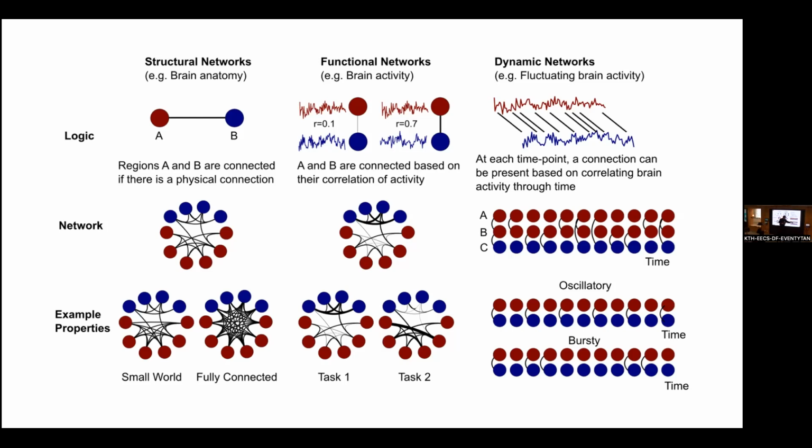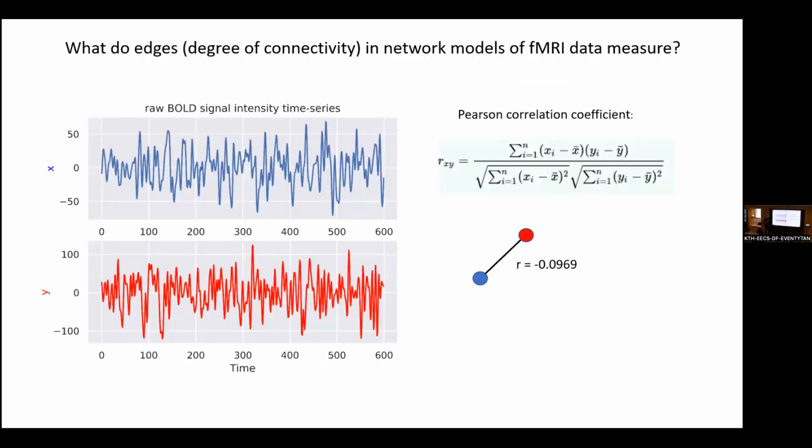Or it could be bursty, which some people have speculated, where you have a number of bursts of correlated activity, and then you have a longer period of absence of connectivity, and then it repeats itself like this. Okay, so that's a schematic picture that shows the overview of network-based modeling of fMRI connectivity data.